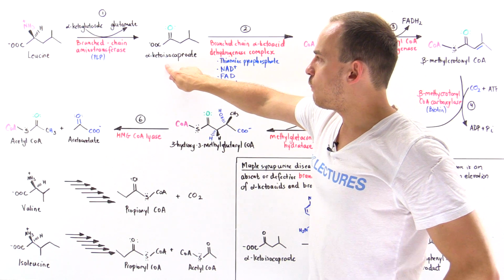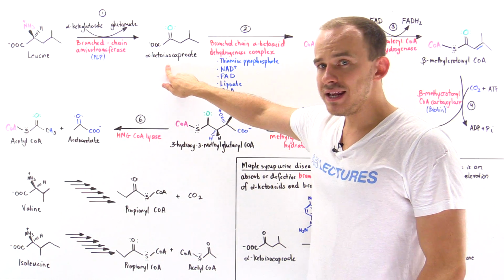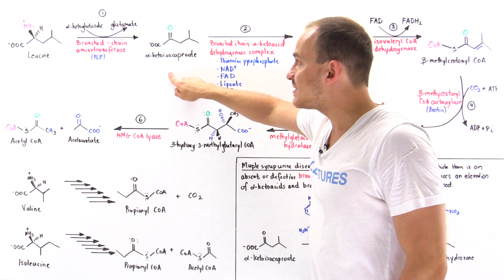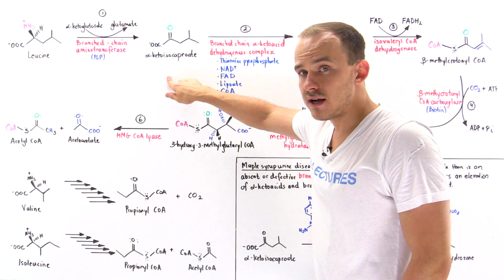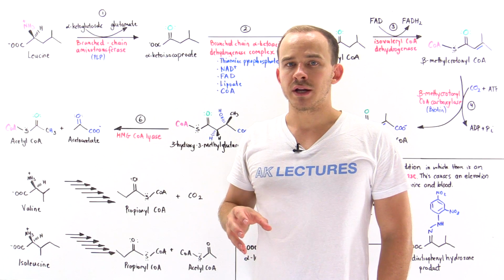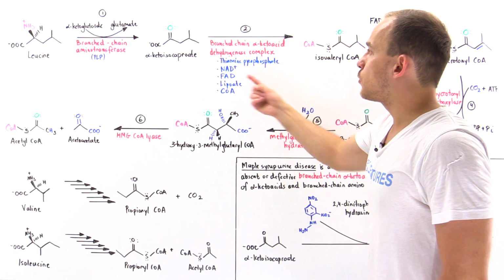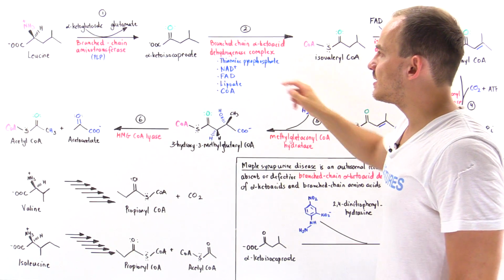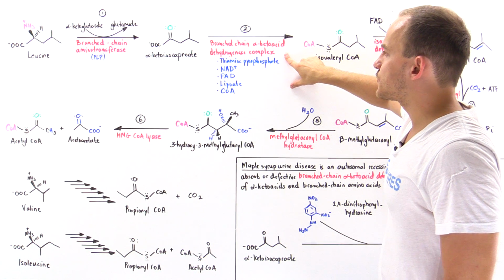Now, once we form this alpha keto acid intermediate, the next enzyme that acts on this is an enzyme found in the inner mitochondrial membrane, known as branched chain alpha keto acid dehydrogenase complex.